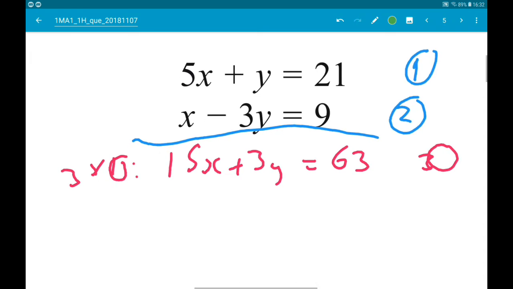So we're now going to do equation 2 add equation 3. So we're going to get 16x. The 3y and minus 3y cancel each other out. And on the right, 9 add 63 is 72.